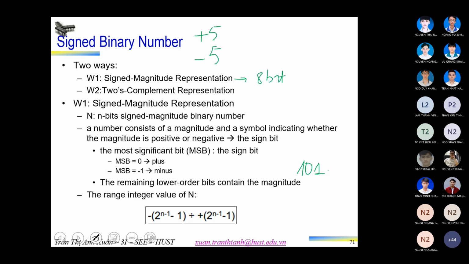The positive and negative numbers can be distinguished based only on the MSB. That means for the positive, the MSB is equal to 0.